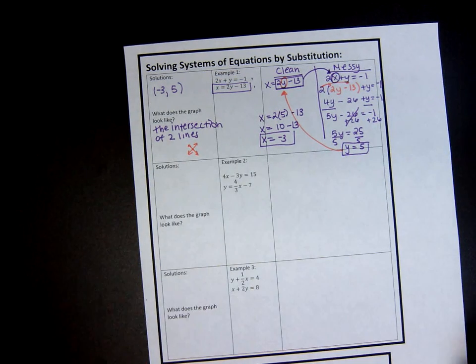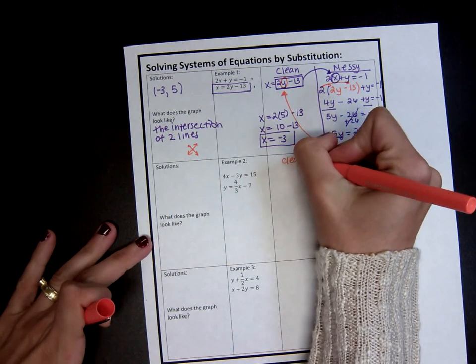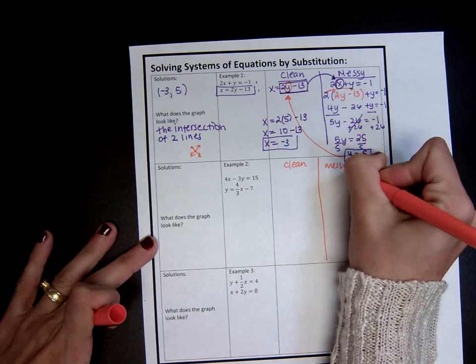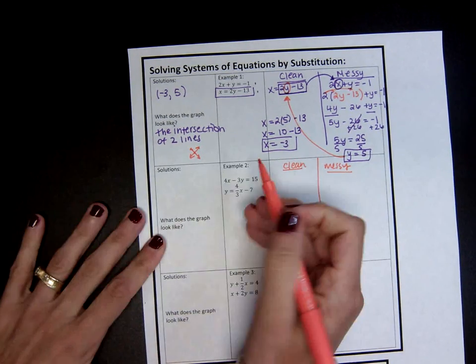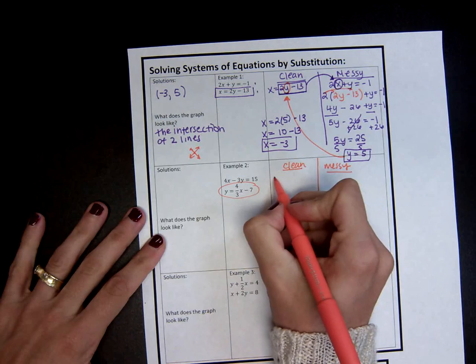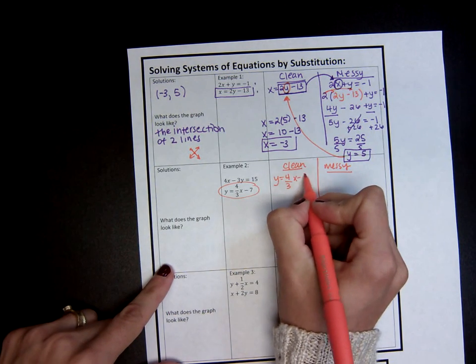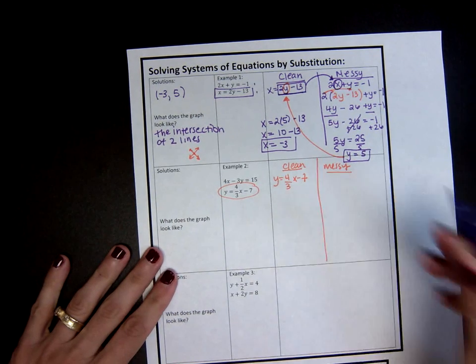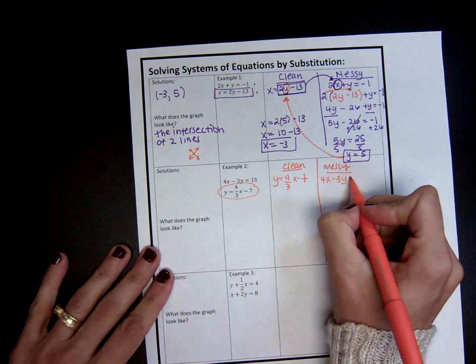Okay, let's do the next one. So we're going to make ourselves, let's use orange this time, a clean and messy chart. Okay, well which one's clean? This one's clean. We've got a variable equal to 4/3 x minus 7. And the messy one is going to be 4x minus 3y equal to 15.